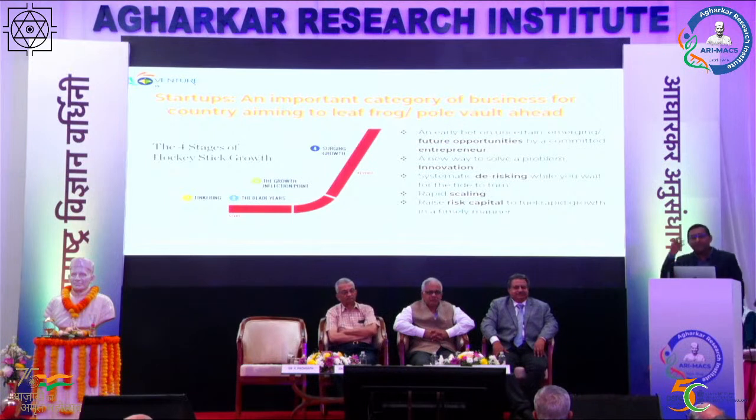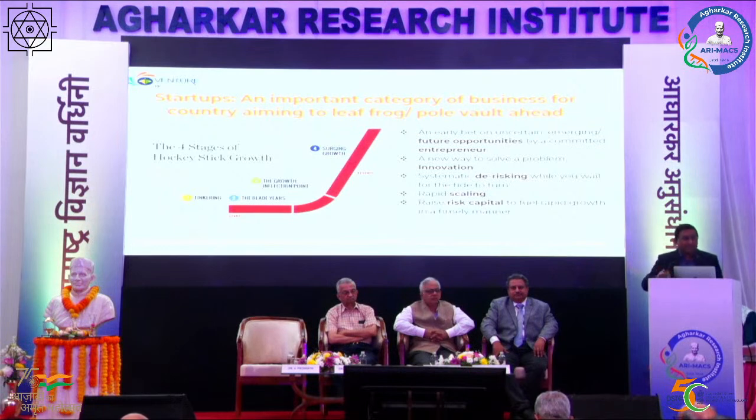And when you look at future opportunities, there are uncertainties associated with them. And with those uncertainties comes the need for innovation. You need to come up with new solutions and new ways to look at the problem, and therefore come up with new ways to solve it and create value for society with it. Invariably, it involves systematic de-risking, something that all of us as scientists are very familiar with.